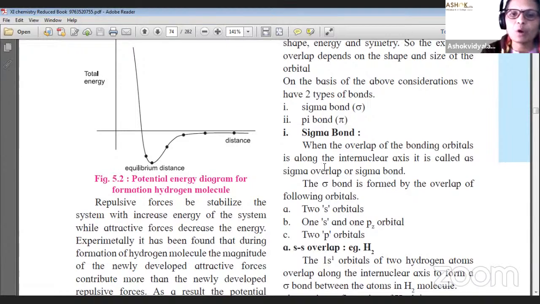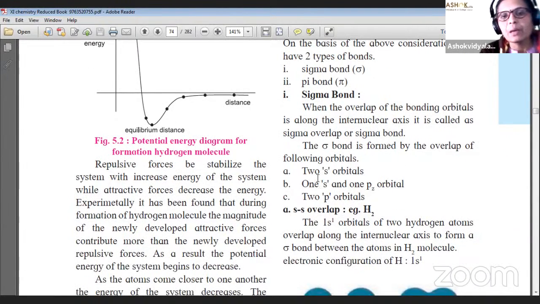That type of bond formed is called the sigma bond. And this overlapping may be between two s orbitals, or between one s and one p orbital, or two p orbitals.